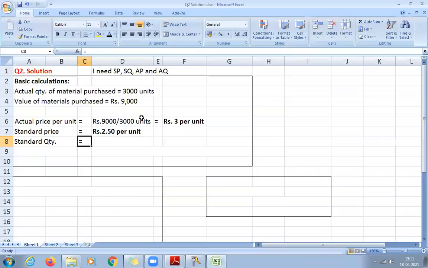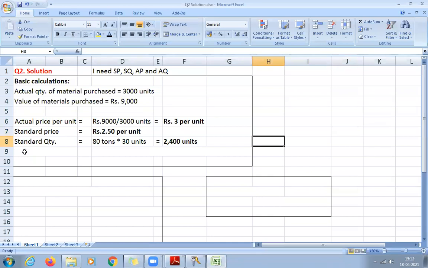How much will we get? 2,400. Correct? 2,400.